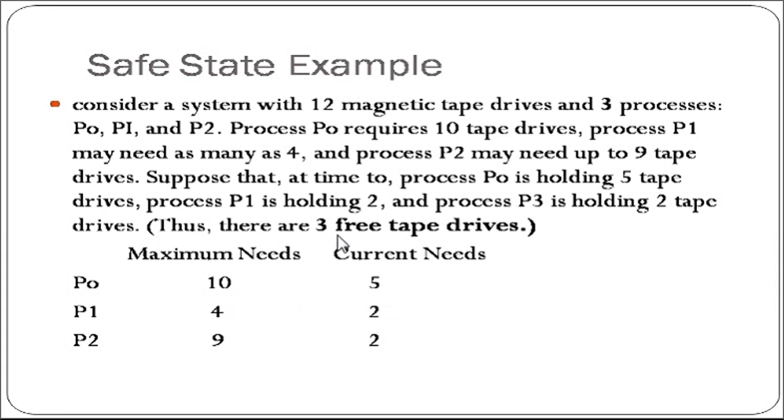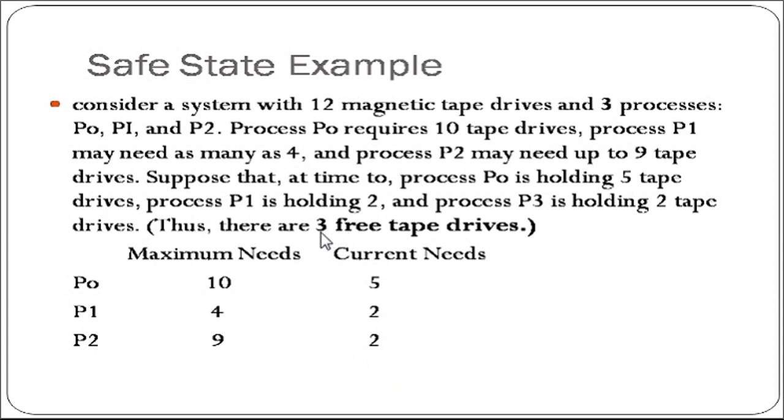But here only 3 tape drives are available. Now how are these 3 tape drives available? Out of 12, 5 are already allocated to P0, 2 to P1 and 2 to P2. That means 5 plus 2 plus 2, so already 9 resources are allocated out of 12.